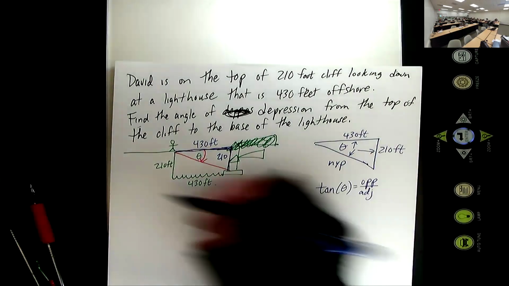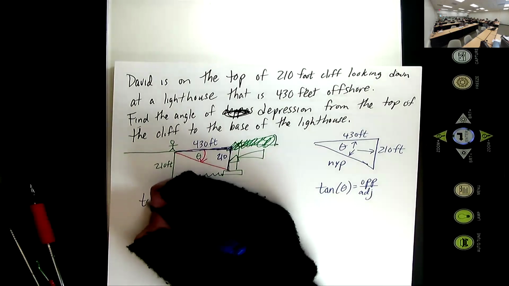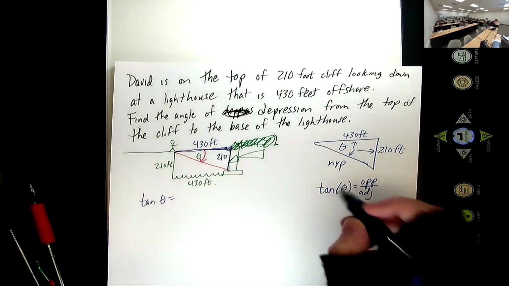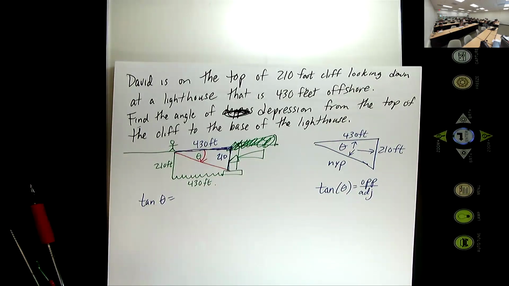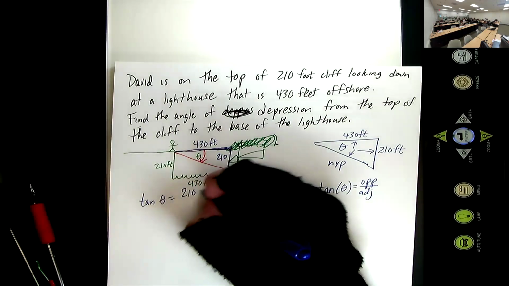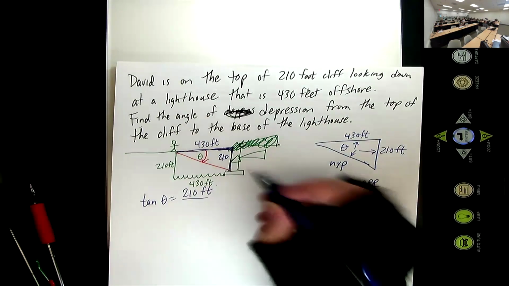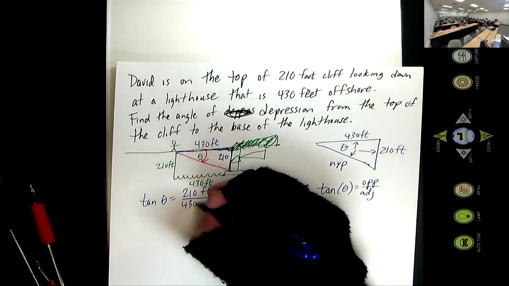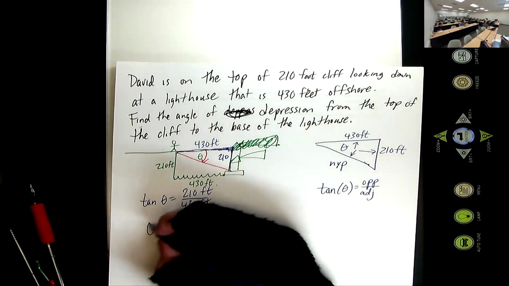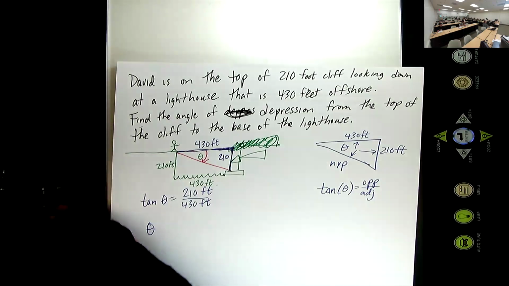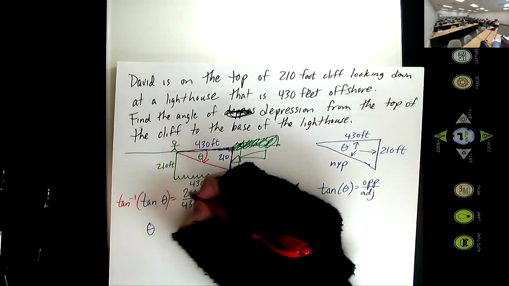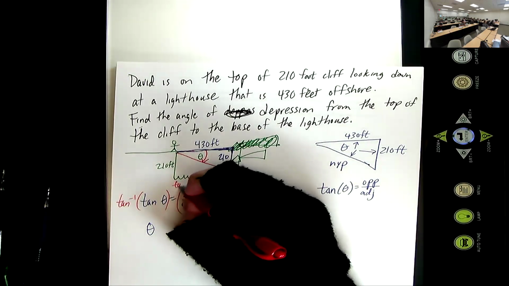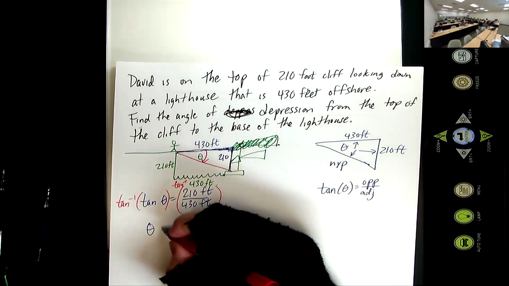So we're gonna go with tangent. We're looking at tangent theta equals opposite, which is from our picture, which number? It's the 210, over the other one, must be the 430. So just like we talked about before, if we do the tangent inverse on both sides, it's gonna wipe out the tangent stuff on the left.